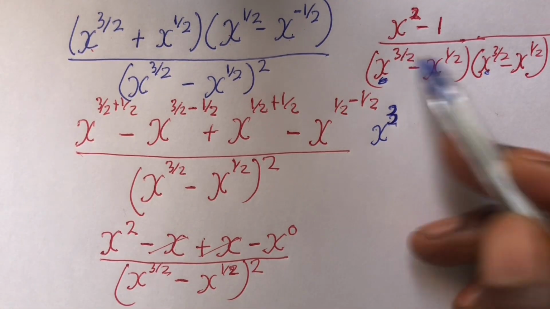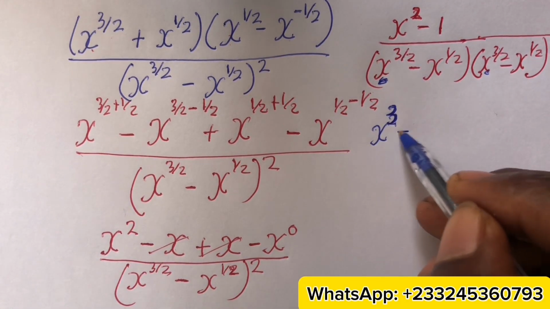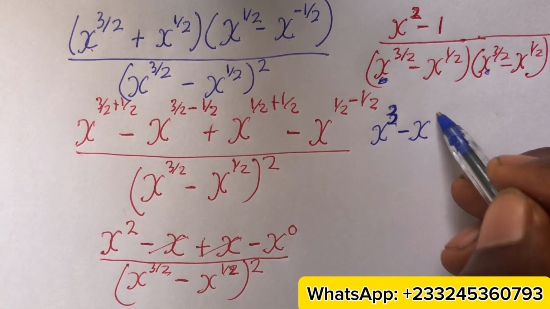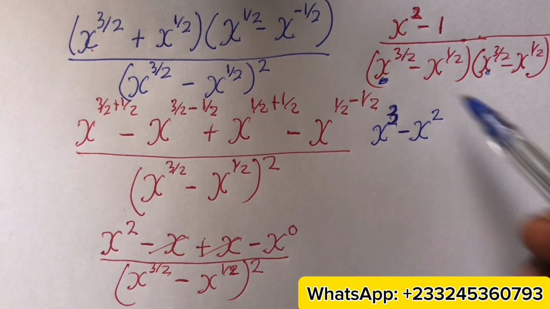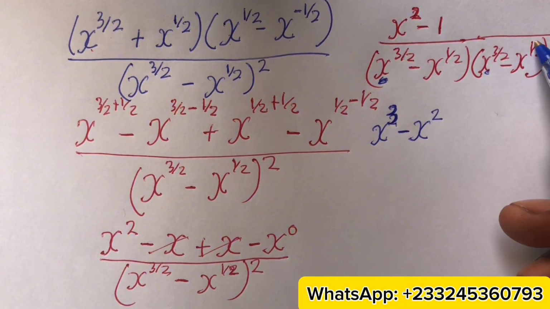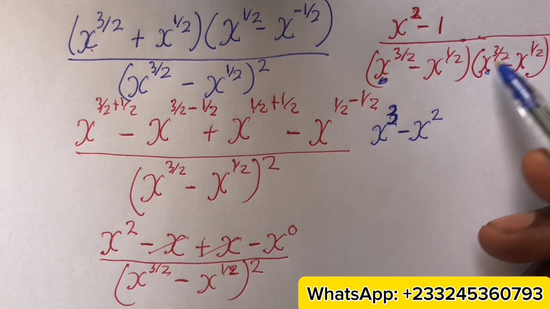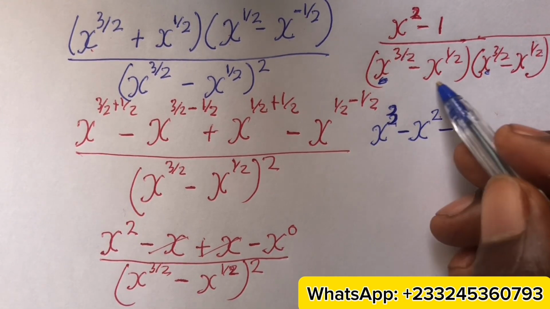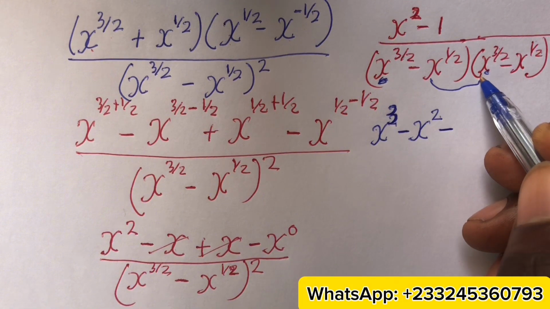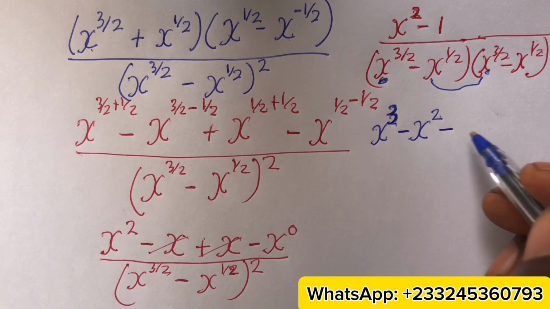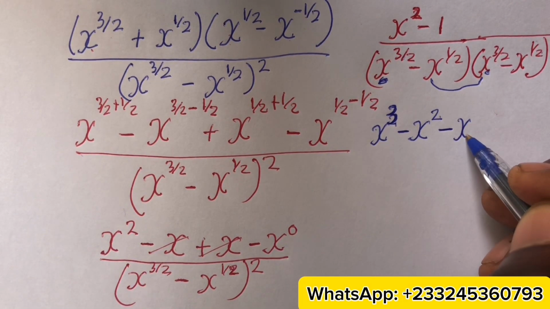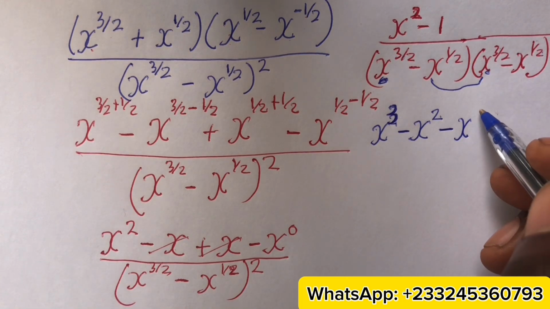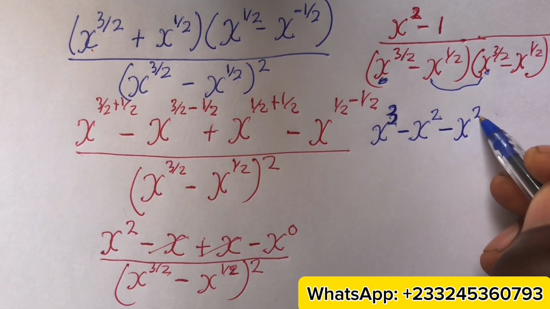Then we multiply this one by this to get minus x power 2, because 3/2 plus 1/2 will be 4/2. Then this will be minus, that is this and that. Another x power 2.